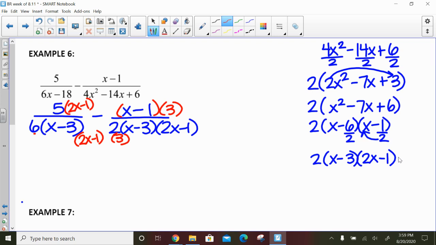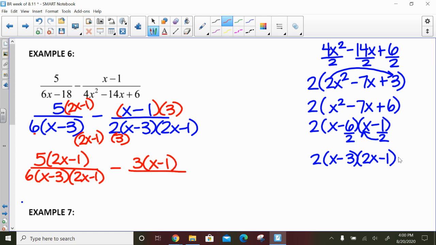To make that look a little bit better, I'm going to rewrite it. I'm going to rewrite this as 5 times 2x minus 1 over 6, x minus 3, 2x minus 1, minus, then I'm going to take this 3 and put it in front of this x minus 1.